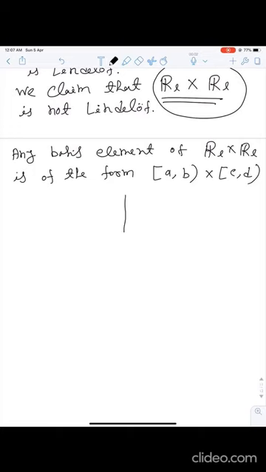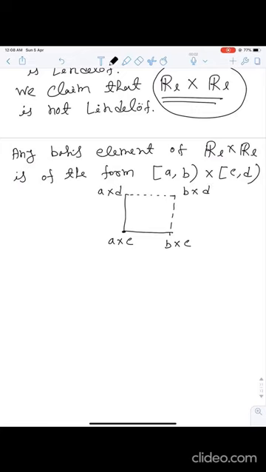That means this kind of rectangle: this part is open, this is my A cross C, this is my A cross, this is my C cross, not C, B cross C, and this is my A cross D, this is my B cross D, right?